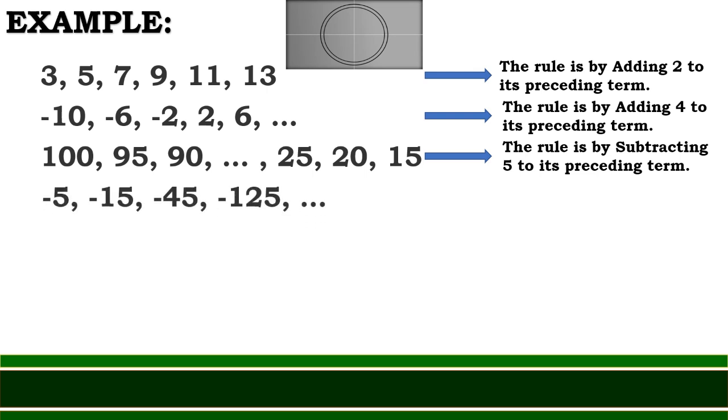Another example. How about this? Negative 5, negative 15, negative 45, and negative 125, so on and so forth. What will be the rule?